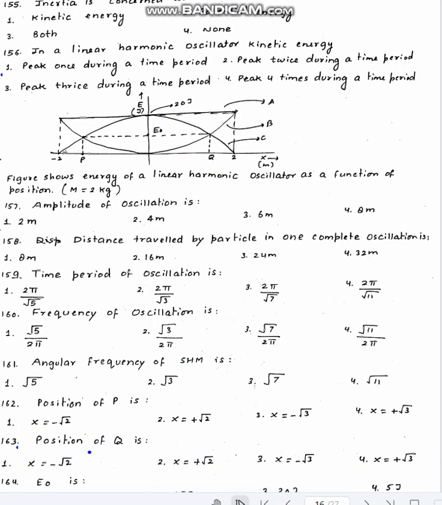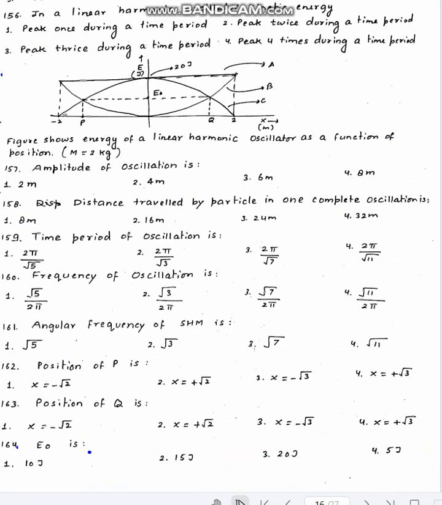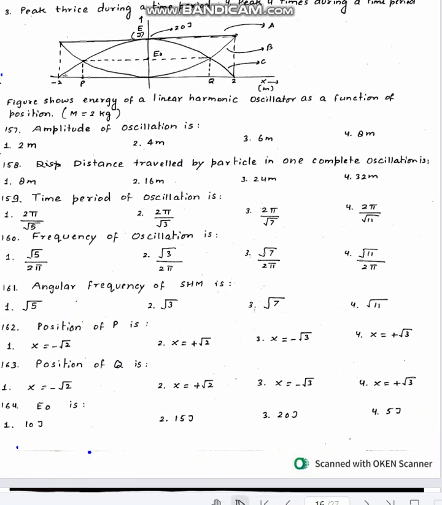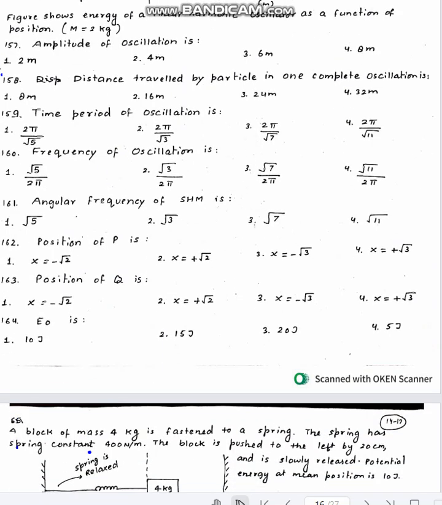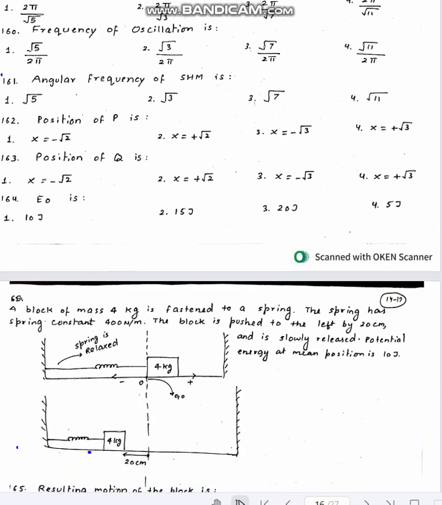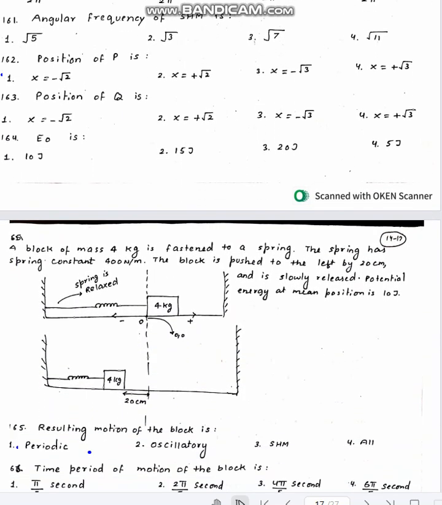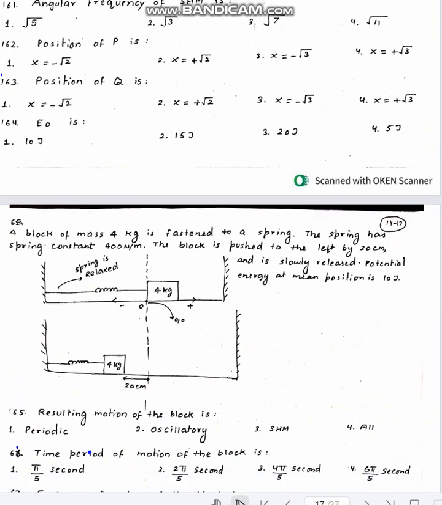Then we have a graph based question in which energies are plotted and we have to answer about the amplitude of oscillation, distance in one cycle, time period, frequency, angular frequency, position of P and Q, then mechanical energy initially.